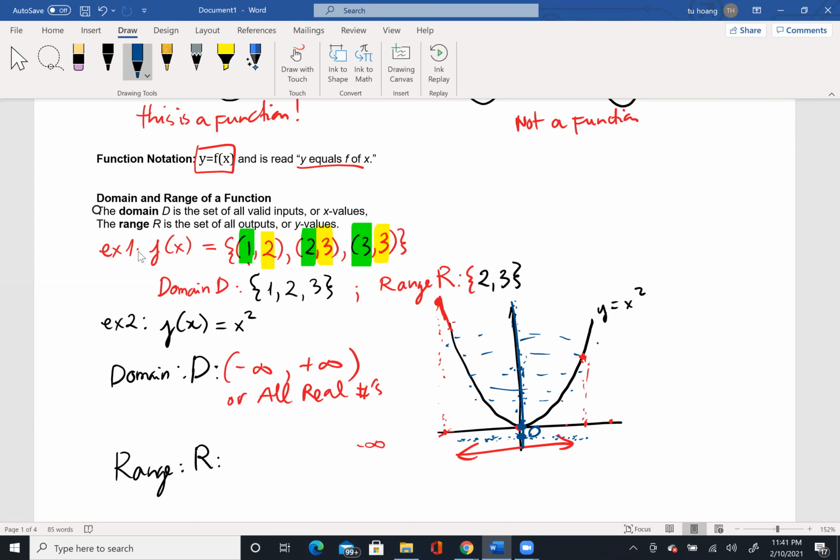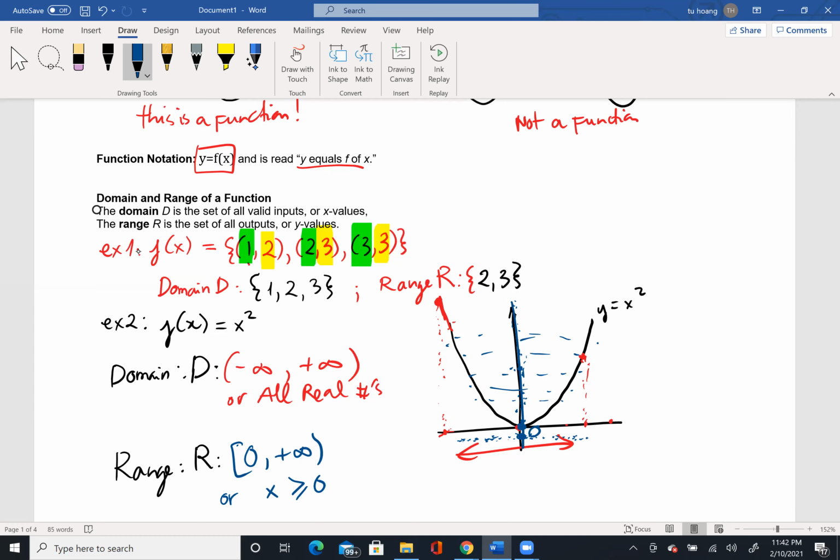So I would say the range is going to be, if I use interval notation, from 0 inclusive to positive infinity. Or if I use inequality notation, I'm going to have x greater than or equal to 0.